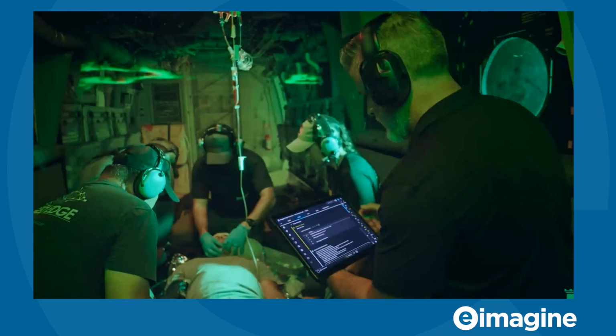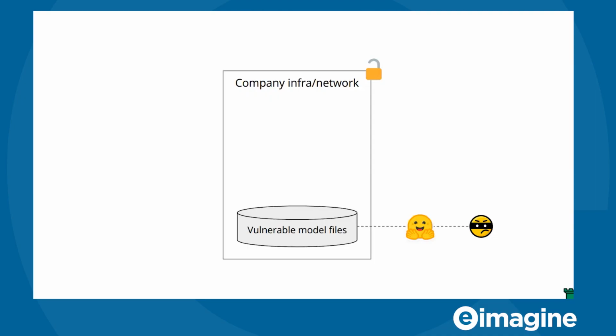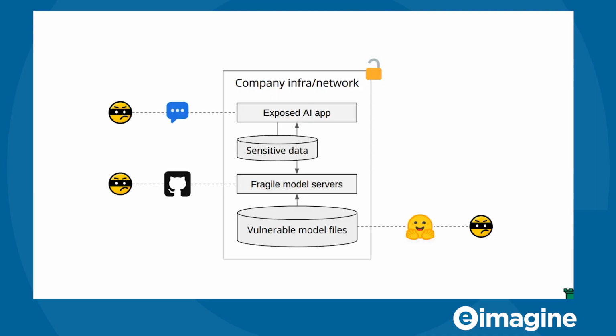The other thing that's inspired this view of risk and threat modeling that I'll present is best practices from organizations like OWASP and NIST, who have gradually come out with suggestions for how you should think about risk and threat modeling of AI applications. And what this comes down to is that within your company infrastructure and network, assuming you are running the whole AI stack, you would have three main categories of threat vectors to consider.